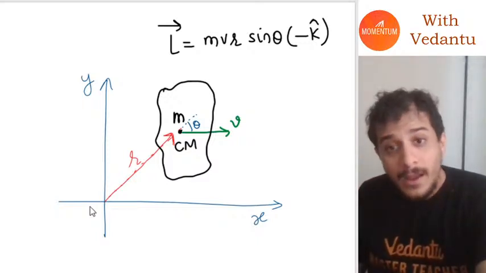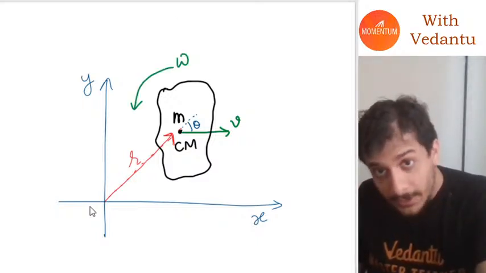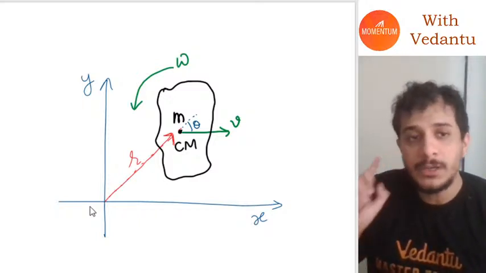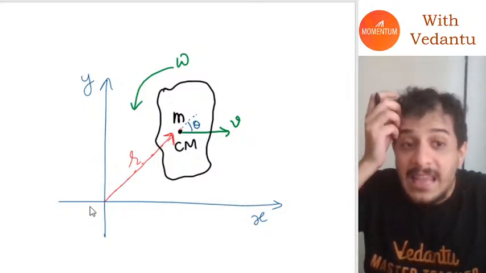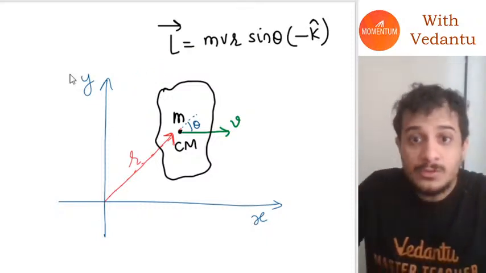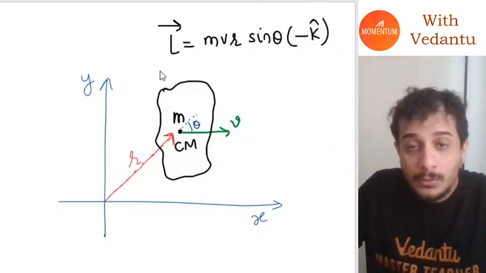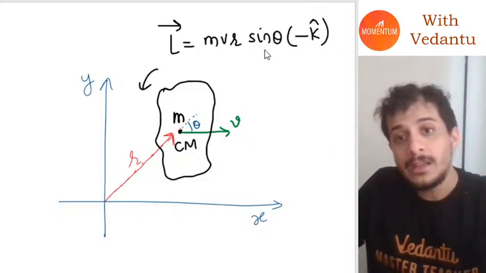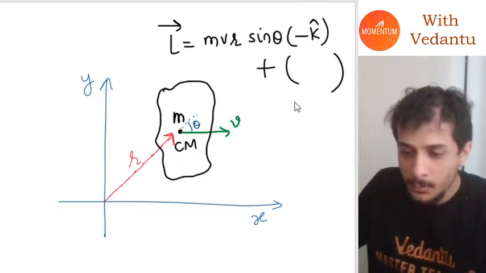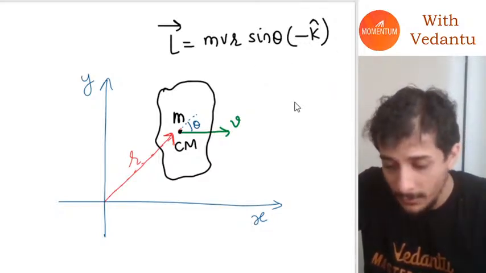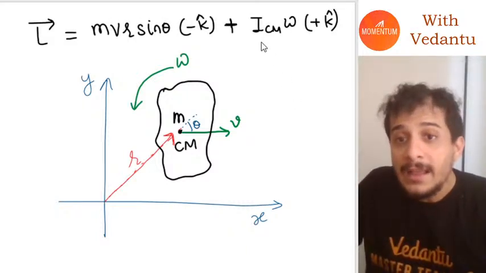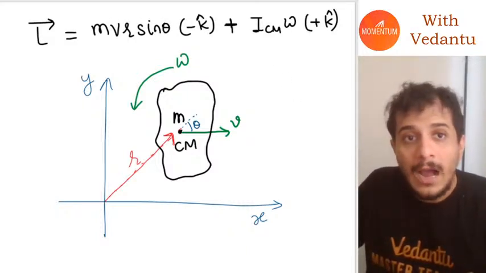Now if I have a body which is moving and rotating at the same point of time, then what do you do, guys? If I start rotating this body as well, then you take this and add one more term to it. What is the term you have to add? The term you have to add is I_CM into omega, or I into omega.